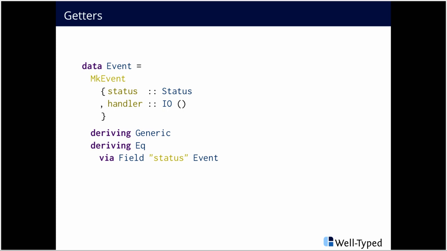And then you can say, OK, I want to derive Eq for this type using just the status field. Right? And that'll say, OK, if there is a status field in this, first, this has to be a record, it has to have a status field that has this name, and there has to be an equality instance available for the status field. But if these conditions are fulfilled, I get an equality instance for the event type, right?